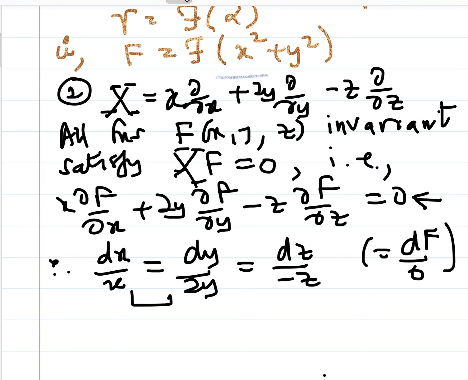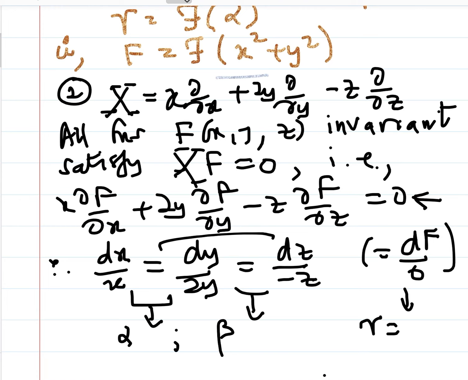So you would solve, say, these two to give you alpha. You would solve either these two or those two to give you another independent invariant beta. From this we have a dependent invariant given by gamma. Gamma will be just very simply f, since df is over 0.